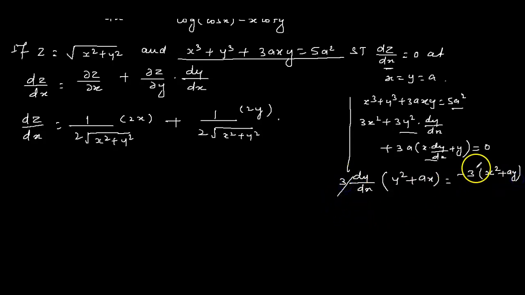So 3 cancels here. So dy by dx we can write as minus of x square plus ay divided by y square plus ax.